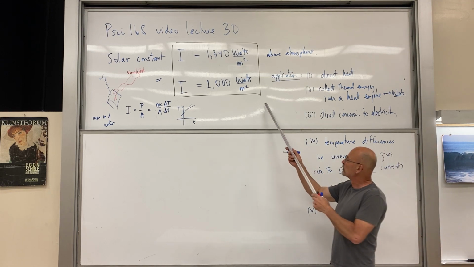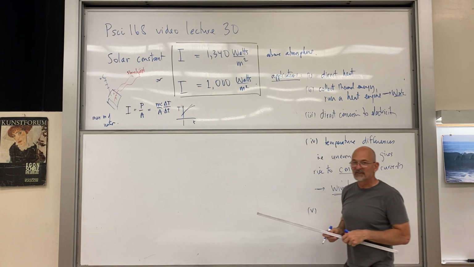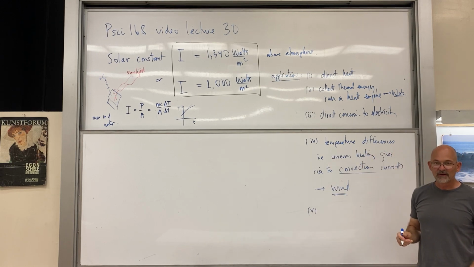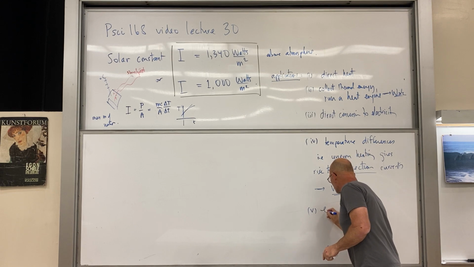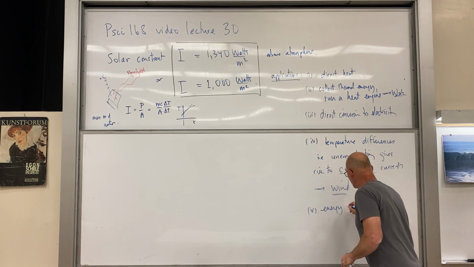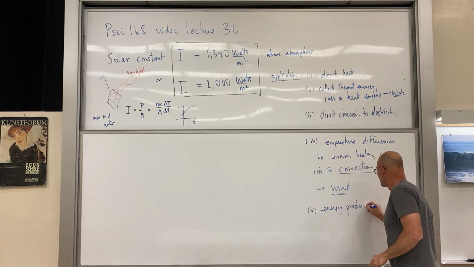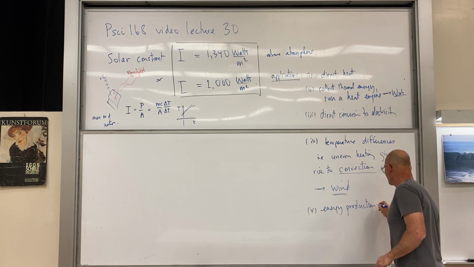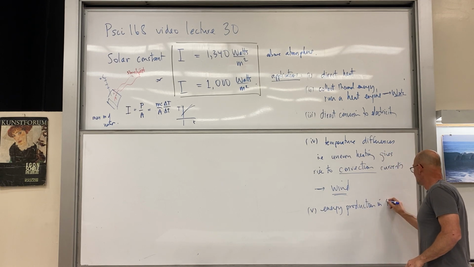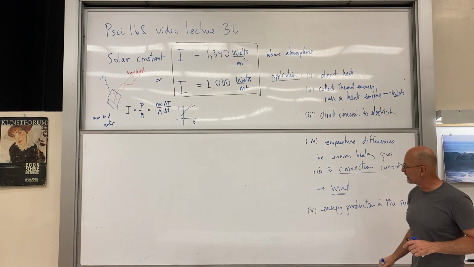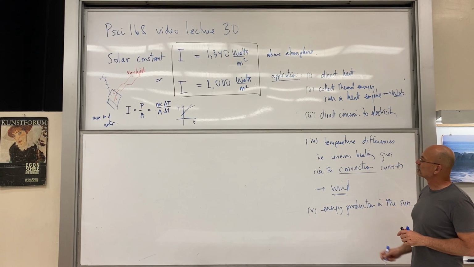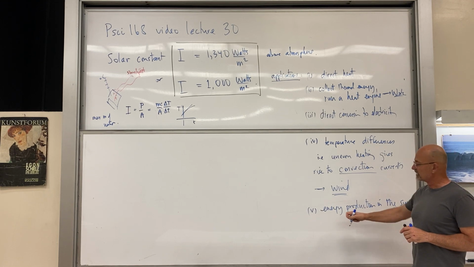This is how much reaches Earth, how powerful is the sun, and what does that tell us about the energy production in the sun? We're going to need some of our astronomical data from earlier in the semester to do that. So that's a really interesting topic. It leads to unexpected places.